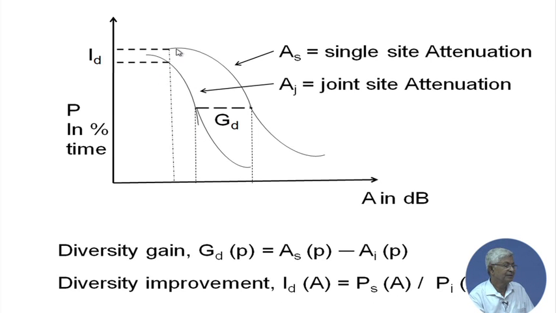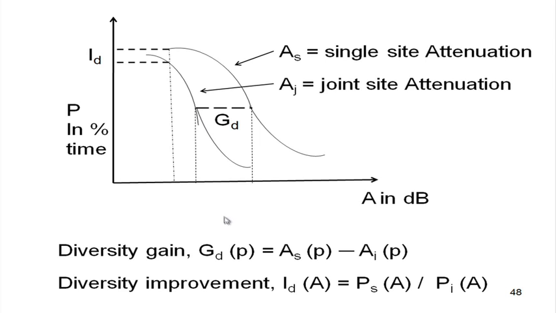This is PSA and this is PJA. So the ratio of that gives you an improvement for a particular attenuation, in terms of probability, in terms of time, how much time you get the link available, whereas here you get attenuation at a particular probability of time, how much attenuation advantage you get, that is the diversity gain.